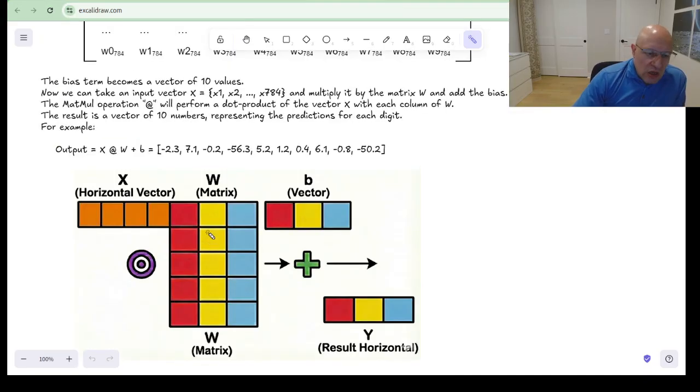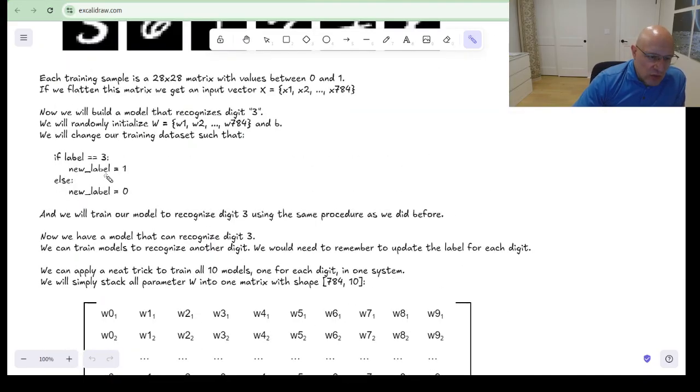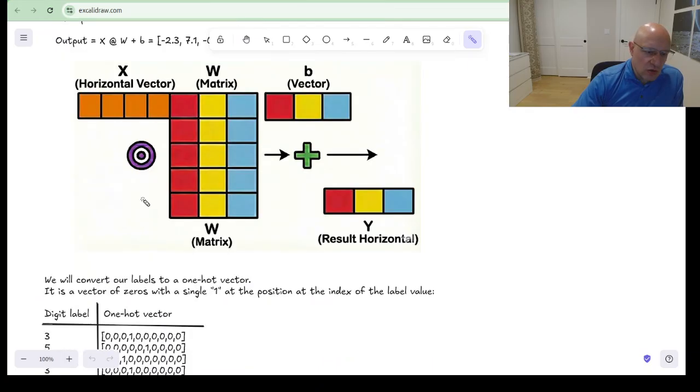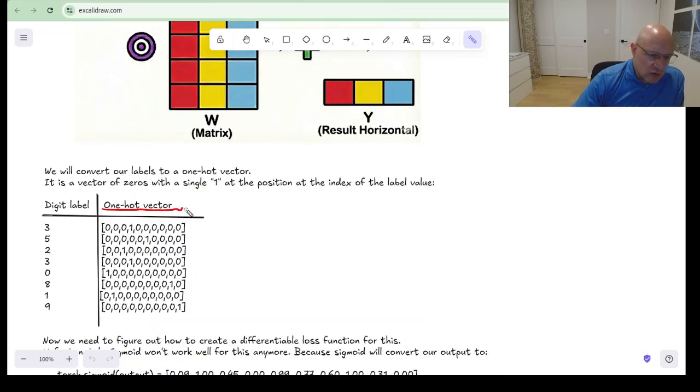Now, one thing that we did before, where we said for label 3, we need a new label, whether it's a positive example or negative example, right? So I need to do something similar, and this trick is called one-hot vector. One-hot vector is a special encoding where I create a vector of all zeros except for a single one in the position that corresponds to the number in the input.